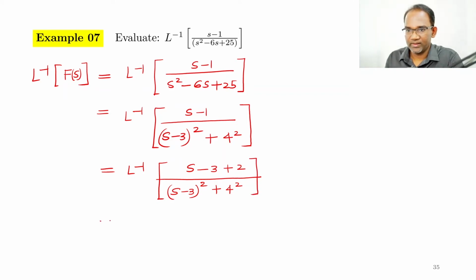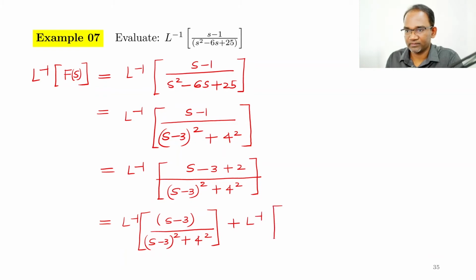And this is equal to L inverse of (s minus 3) over (s minus 3) the whole square plus 4 square, which is the first term, and the second term is L inverse of 4 over (s minus 3) the whole square plus 4 square.